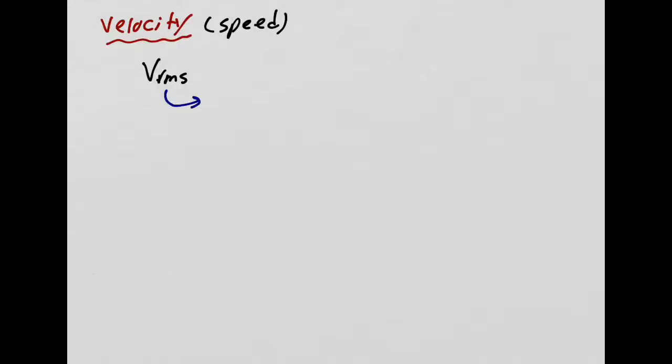Now, for gases, when talking about velocity, we're going to talk about the root mean square of velocity. So root mean square of gases, and you guys know what this line means?